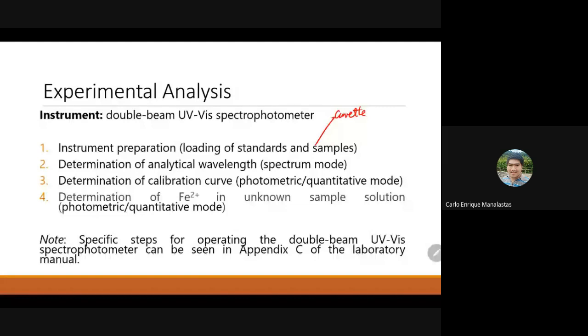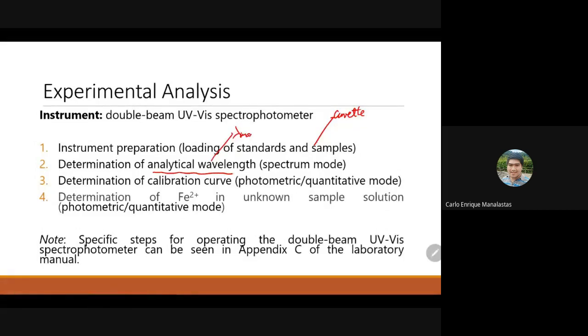And then you will determine the analytical wavelength, your lambda max, of your sample, using the spectrum mode of the UV-Vis spectrophotometer.